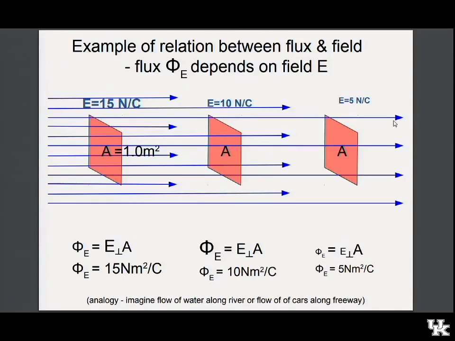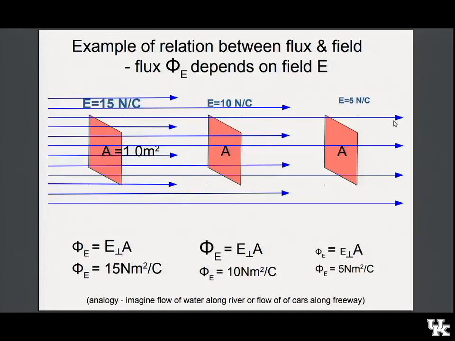Again, in this case, the field lines are perpendicular to the faces of these surfaces, which means that the field vector E and the area vector A are parallel to one another. In that case, the flux through the surface is just equal to the electric field strength times the area of the surface.